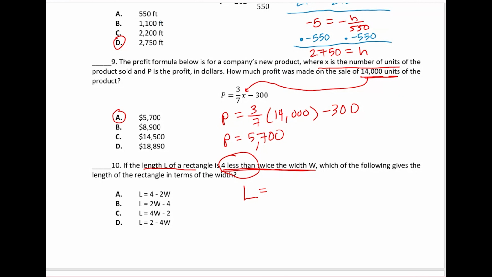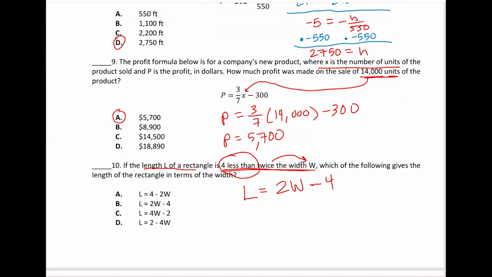Like, let's say if you have $10 and I have 2 less than that, then I have $8. And that's because 10 minus 2 is 8. But the way that it's worded makes it look like you're subtracting the other way. But 4 less than twice W is actually 2W, because that's twice W, minus 4.